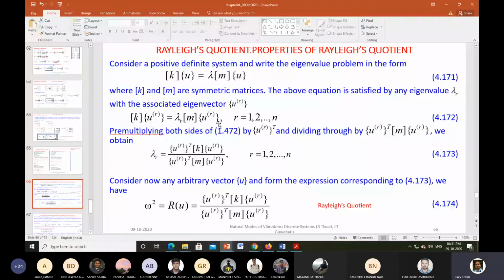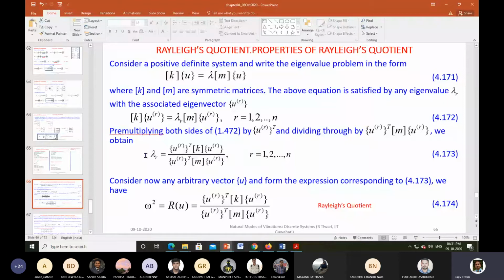So we have n number of such expressions. Now here I'm pre-multiplying both sides by the transpose of the ur vector. Pre-multiplying means this side and this side, both sides. If I pre-multiply, then I can write lambda r as ur transpose K ur in the numerator, and this has been taken to the denominator, so ur transpose M ur.